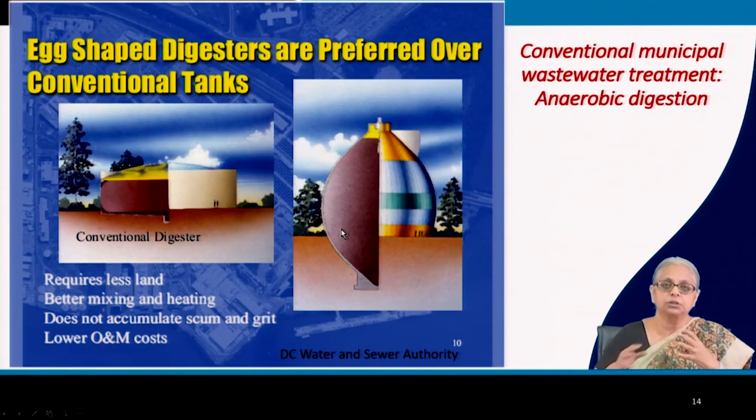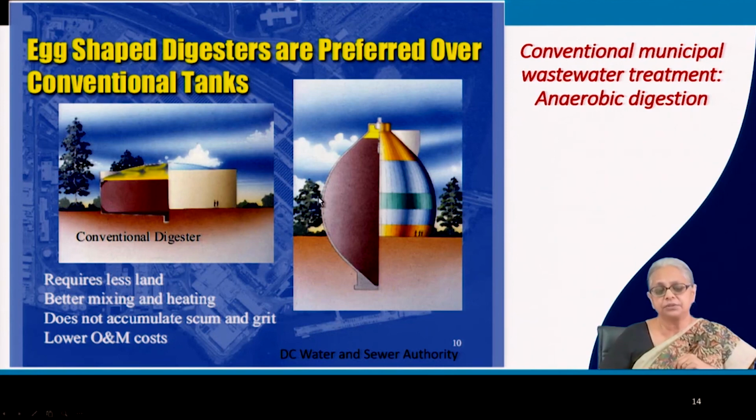we are told that you get automatic mixing and collection of the biogas is more efficient in the egg shape because of the nature of the shape. So because of that, the gas collects very easily at the top and it can be drawn off easily. And because it's narrow at the bottom, what I was told was that you don't need to mix it, because as the flow comes in, if the flow is low, it's the narrow part of the digester that's being used.